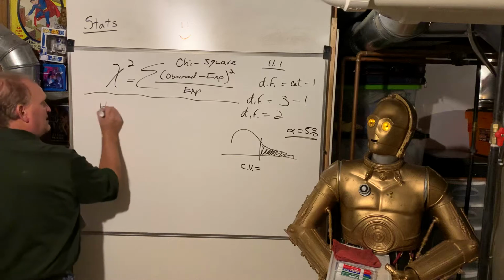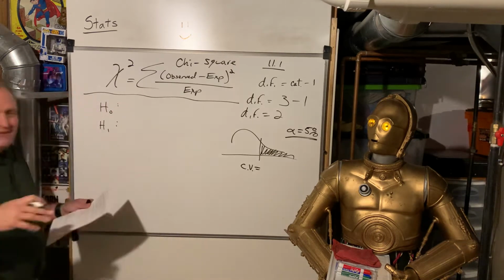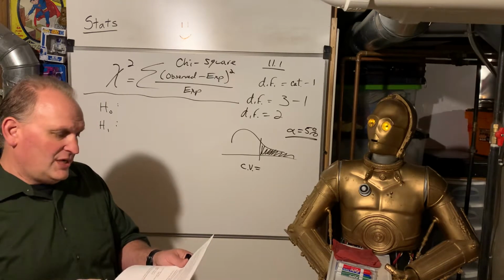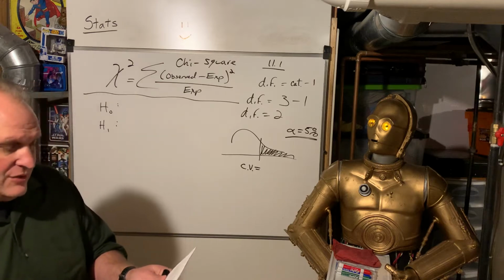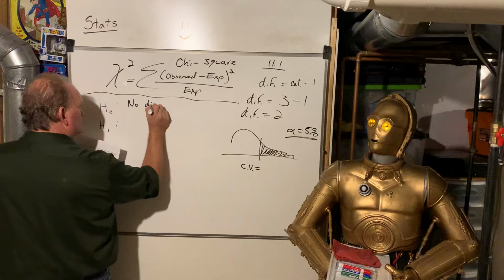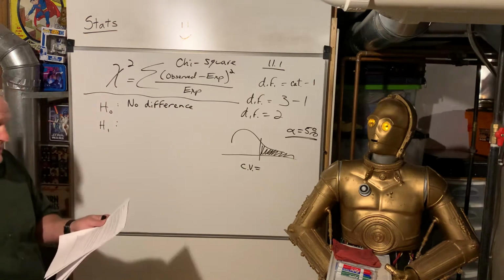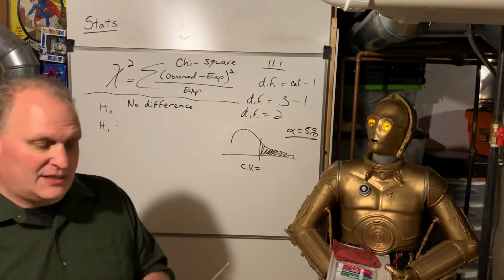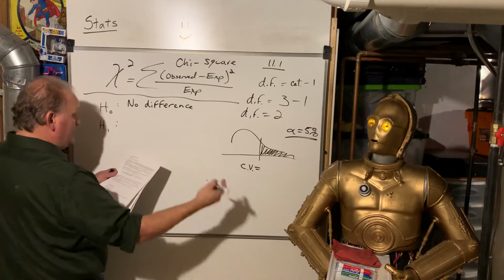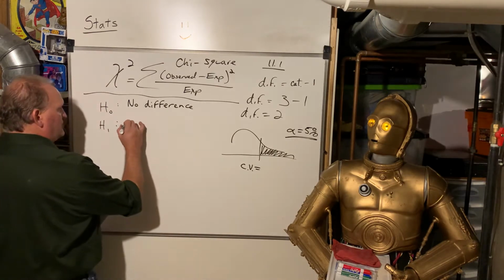The null and the alternative hypotheses for these are maybe a little easier than what we've done in the past, because it is just, there is no difference or there is a difference. So the null is there's no difference between the observed and the expected. And then the alternative is there is a difference. It does not fit the expected distribution.